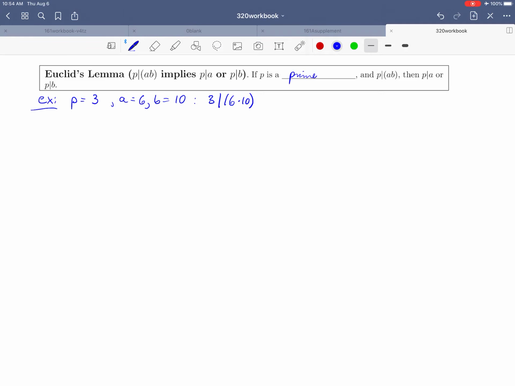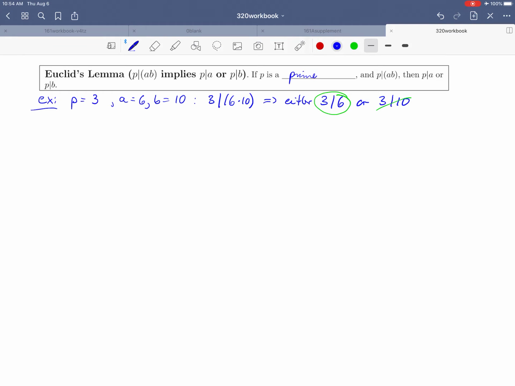And so Euclid's lemma says since 3 divides 6 times 10, it must be that either 3 divides 6 or 3 divides 10. And yep, it's true. 3 actually does divide 6. It doesn't divide 10, but only one of those two things has to be true.